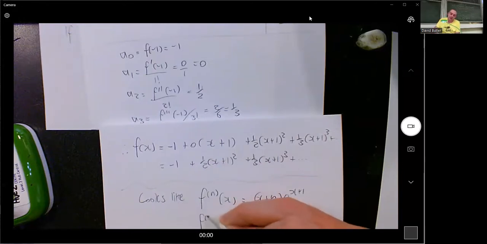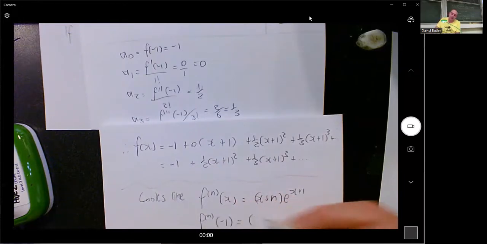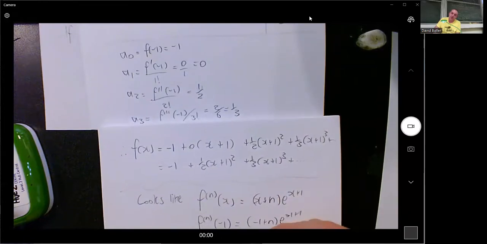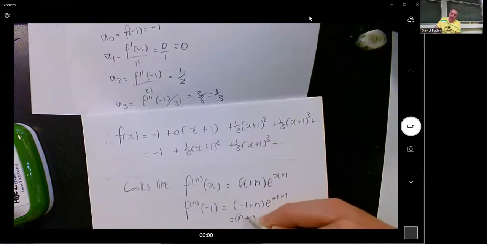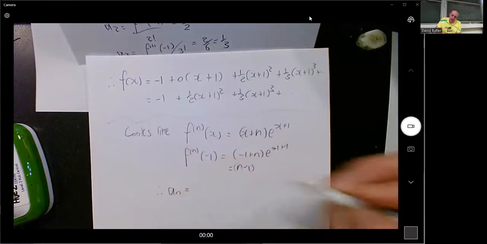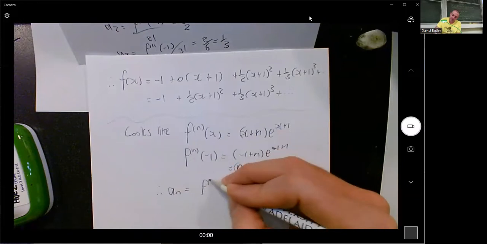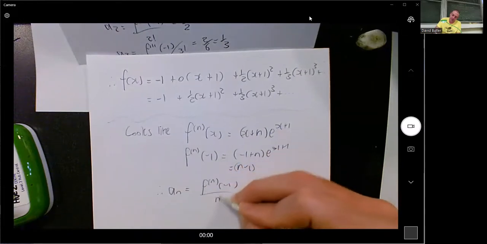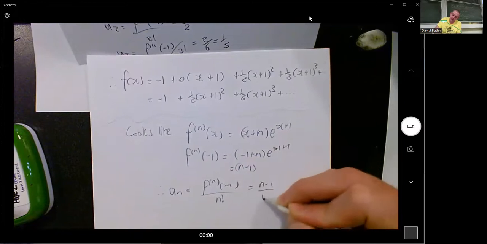And so therefore the nth derivative with -1 subbed in is going to be -1 plus n e to the -1 plus 1, which is n minus 1. And so therefore an is going to be n minus 1 on n factorial.